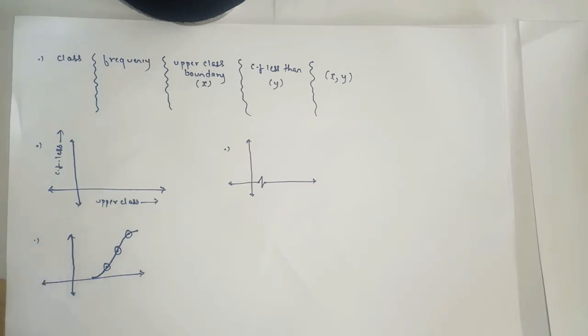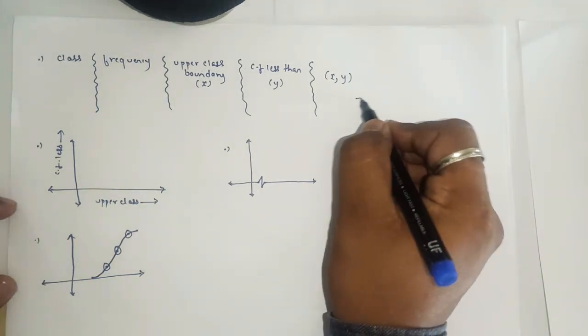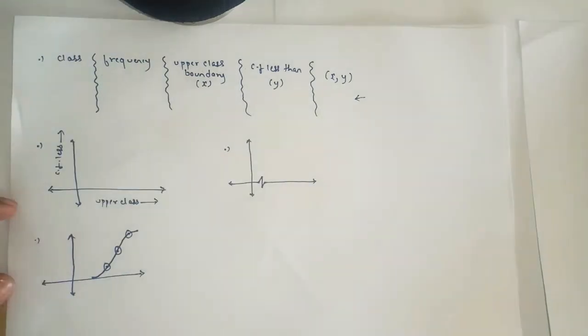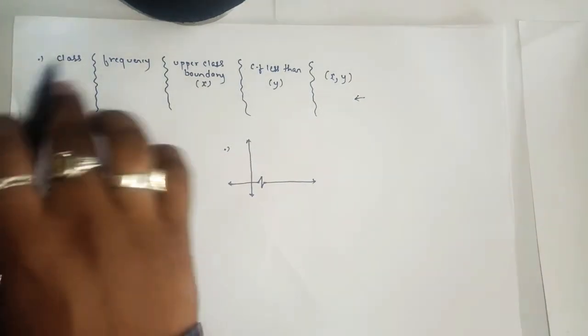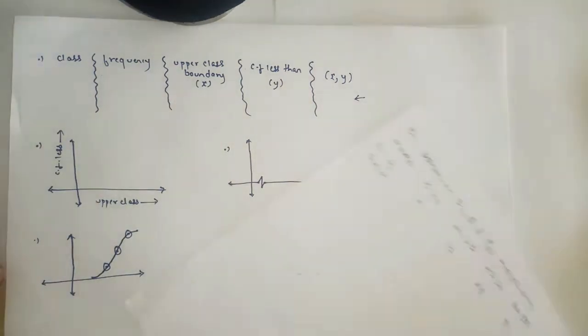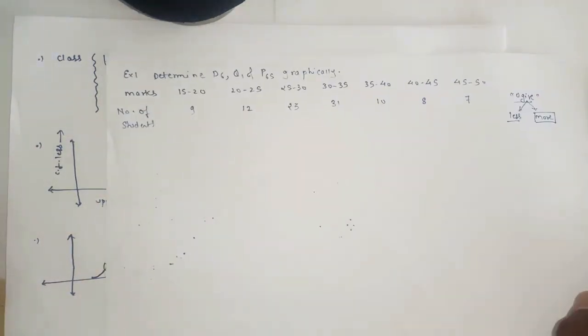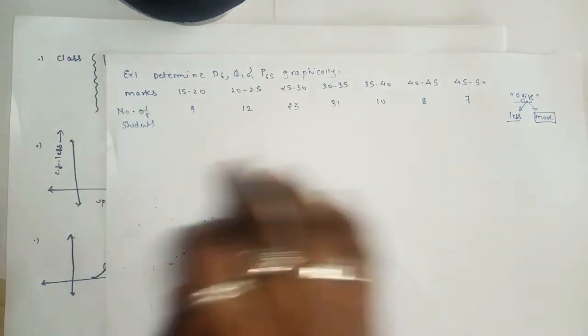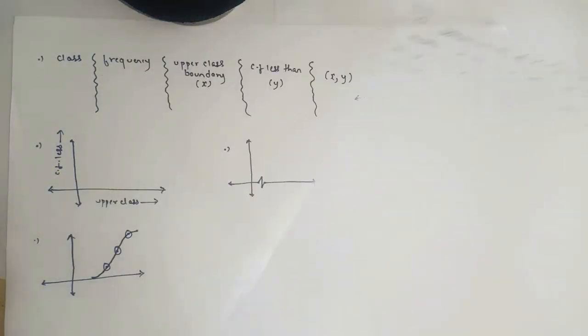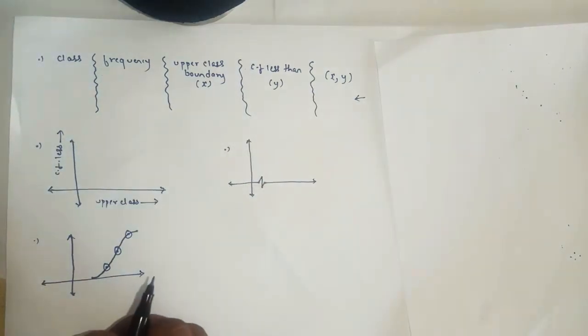So the first step is what? You have to draw the table, with respect to the class and frequency, which you will have in the question. With respect to that you have to add some more columns.